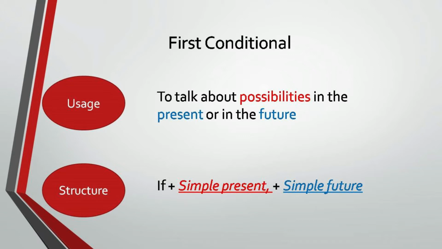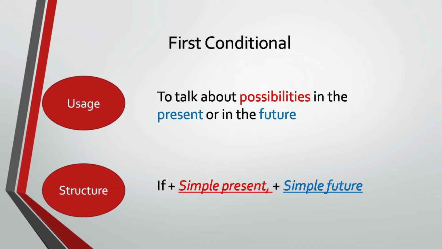To predict something, or to plan something, or to give a permission to someone, or to offer something to someone, or to suggest, or to warn someone, we can use the type 1 conditions. If you fulfill the condition of this sentence, you can achieve the results of this type of sentence.